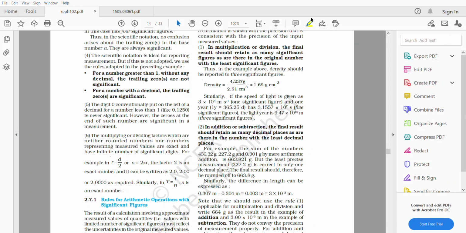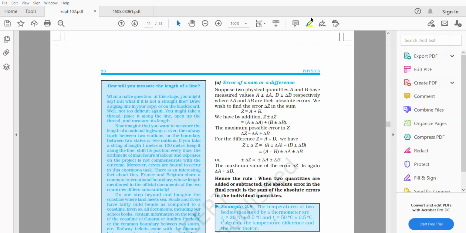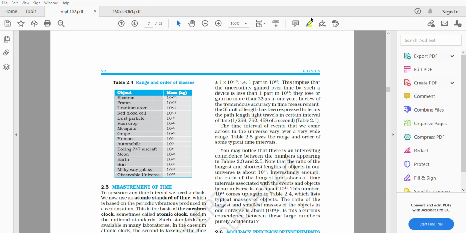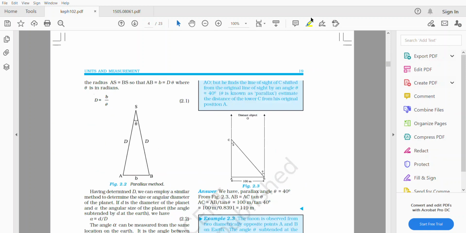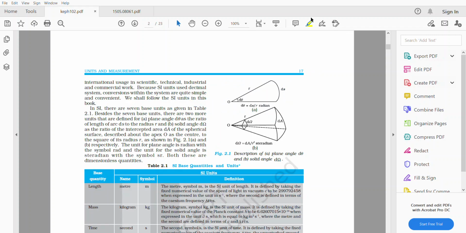Now the final concept you should remember is that of the angle and the parallax technique. The angle in radians is given by the ratio of the arc length divided by the radius. It is also very easy to remember. We know that the circle is 360 degrees, and 360 degrees is equal to 2 pi radians.